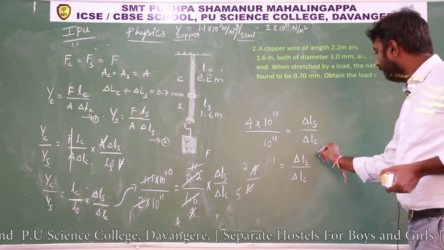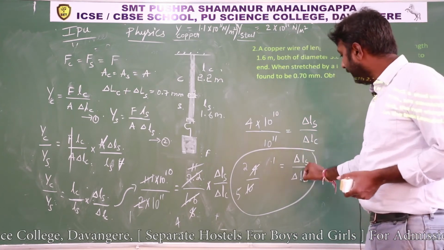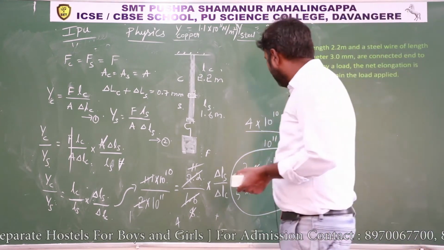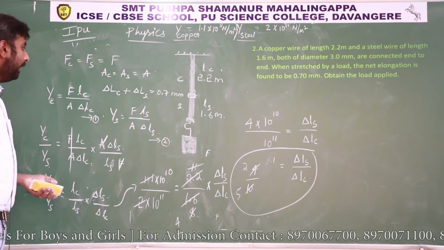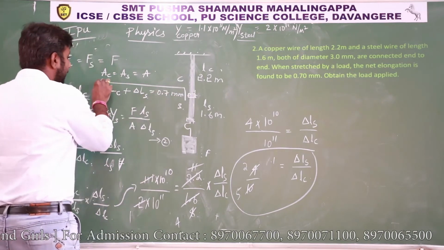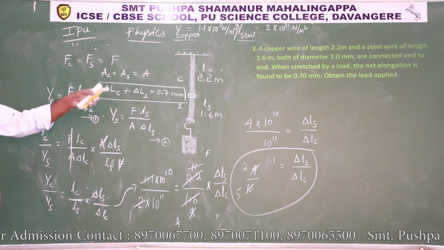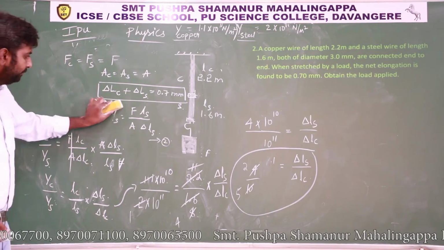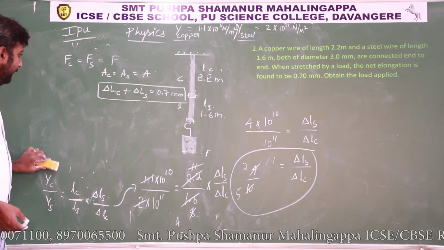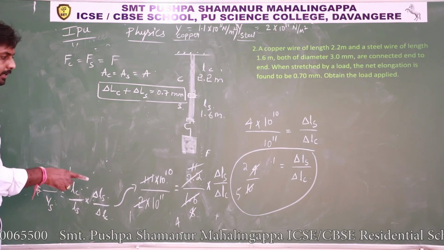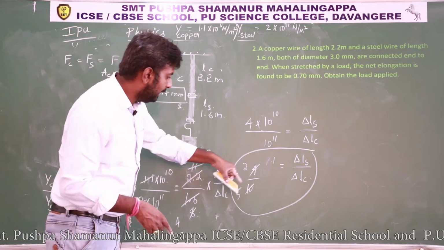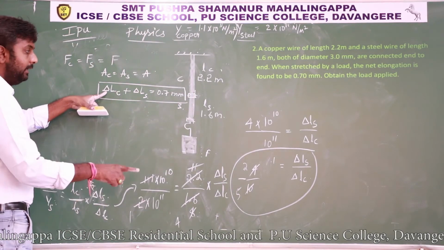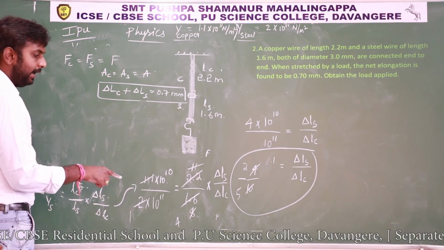So now you can see the ratio of delta LS by delta LC is equal to 2 by 5. And we know that delta LC plus delta LS is equal to 0.7 millimeter, right? So in the place of delta LC, the ratio delta LS by delta LC is nothing but 2 by 5.